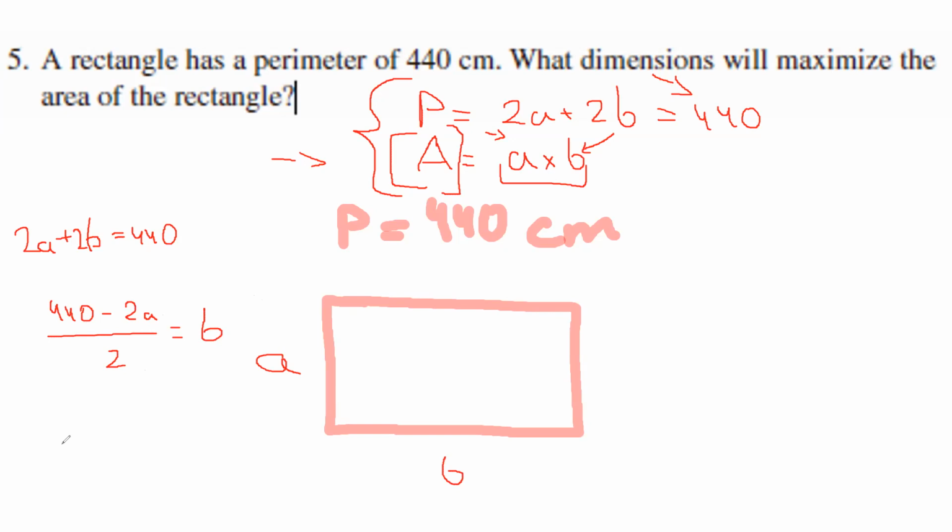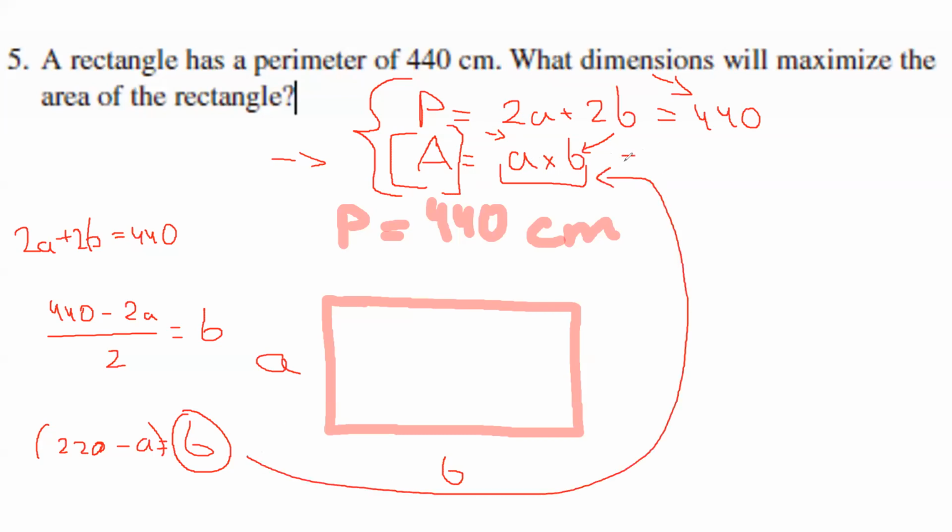So I simplify it and I see that 220 subtract A equals B. Now I take this B and substitute it into the function for area, right here. And now I changed my function of two variables to a function of one variable. I'm going to have A times 220 subtract A.